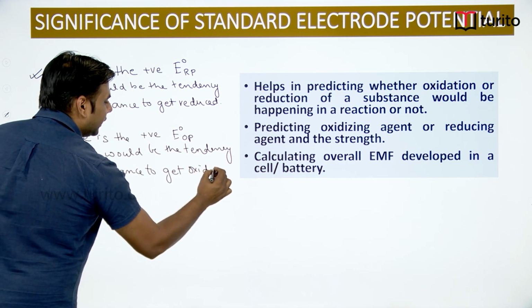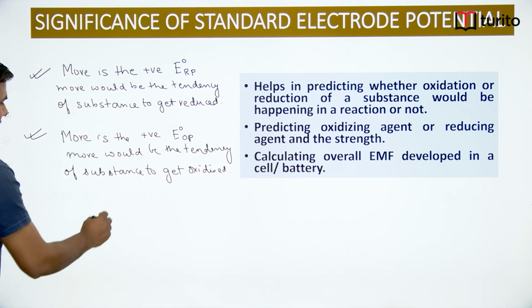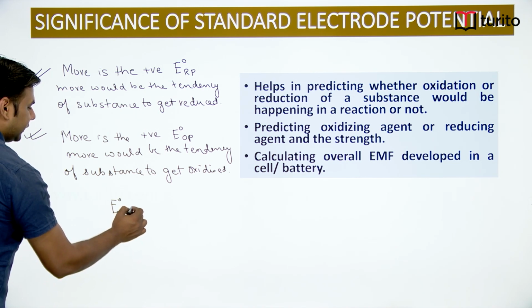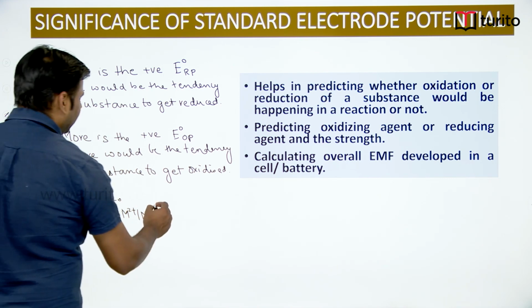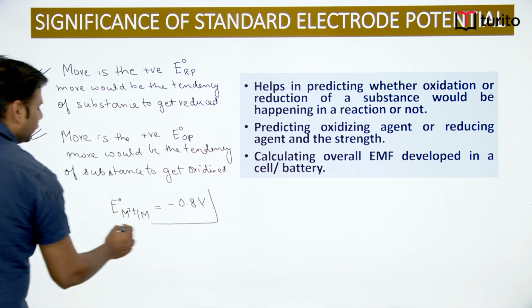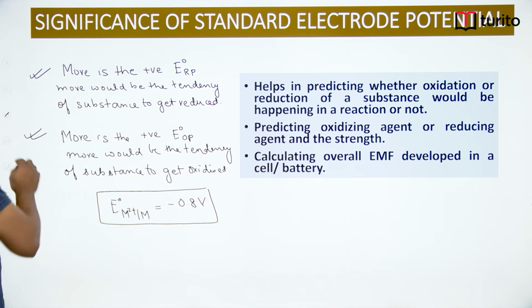Let me explain it through an example. Suppose you have been given E naught M2 plus M. Suppose the value is given to you as say minus 0.8 volt. So what you can infer from this? First you have to look at the notation that has been given to you.